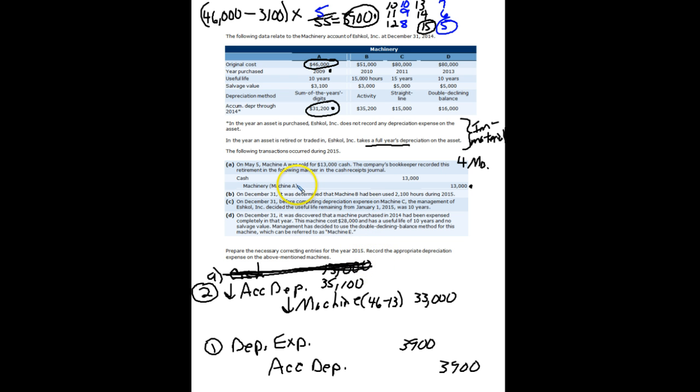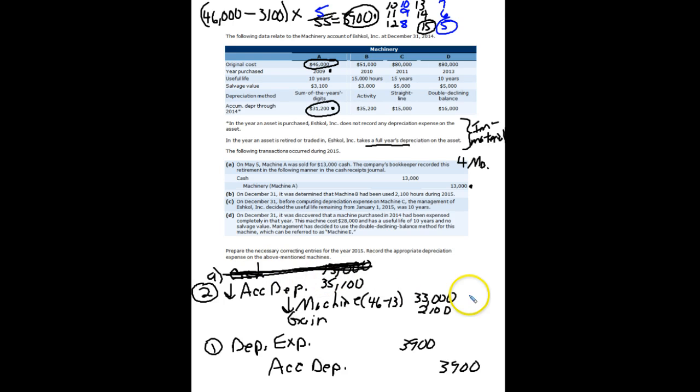It's correct that they credited the machine. They just put the wrong amount in there. They put $13,000 in there. It should have been a full 46. Okay, we see these two don't balance, so we need another $2,100 to balance, and that's going to be a gain on sale. Okay? All right, I'm going to stop this.